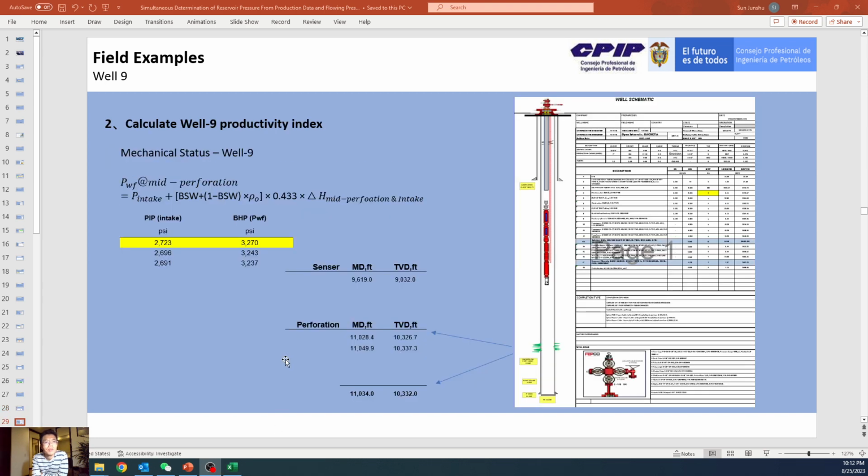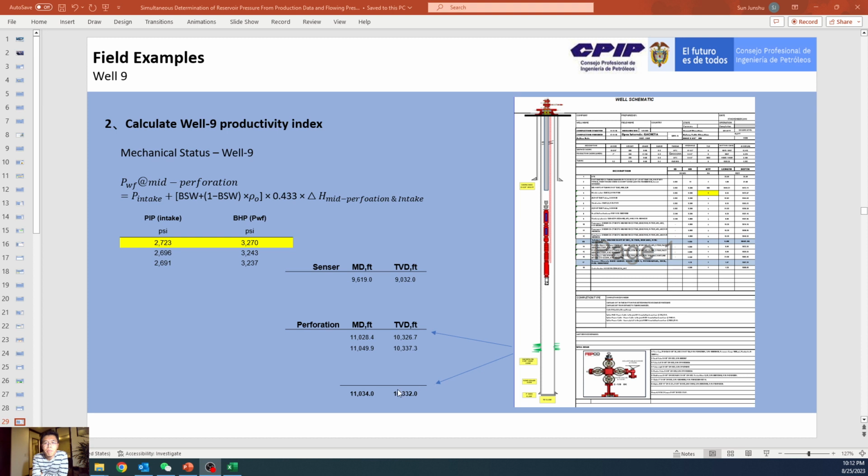Step 2. Calculate well number 9 productivity index. This is the mechanical status of well number 9. The sensor TVD is at 9,032 feet.